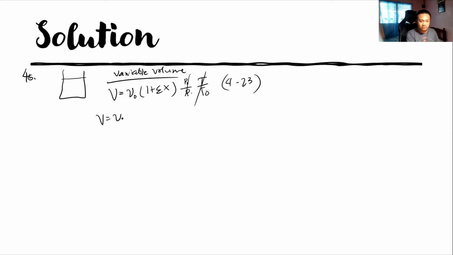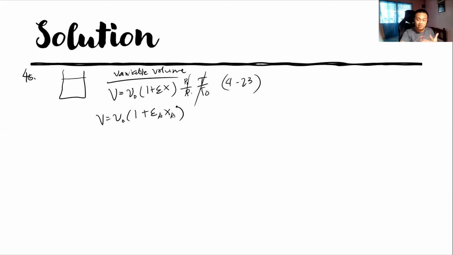So V is equal to the volumetric flow rate V0 times 1 plus epsilon A X A. One note that you have to consider is that for epsilon A and X A, we are using the species that is the limiting reactant, because you can't use the excess reactant species.